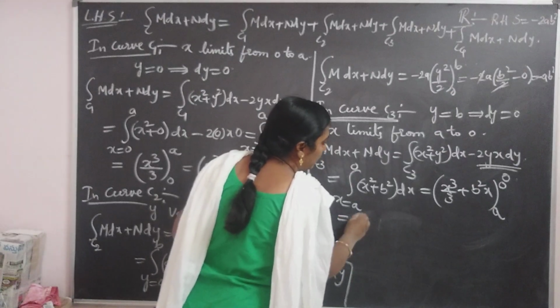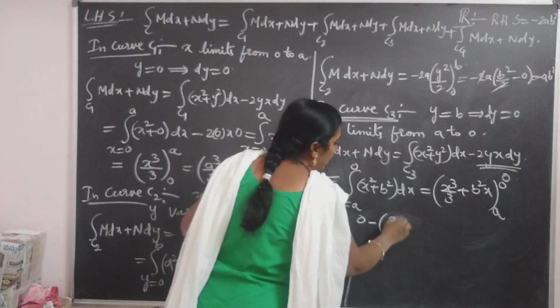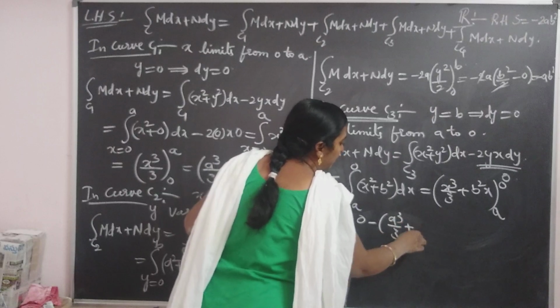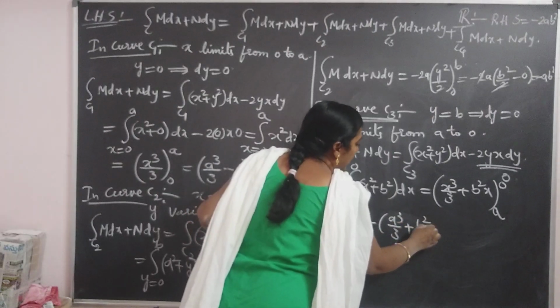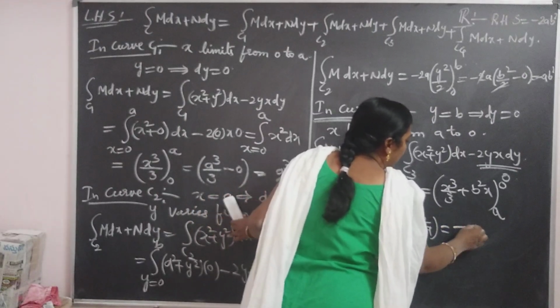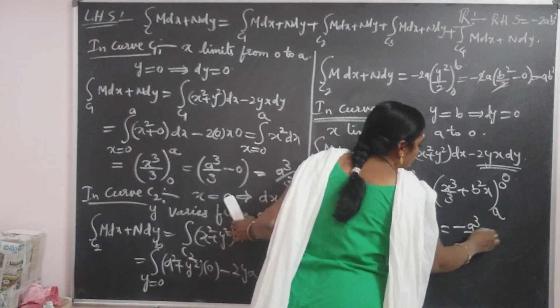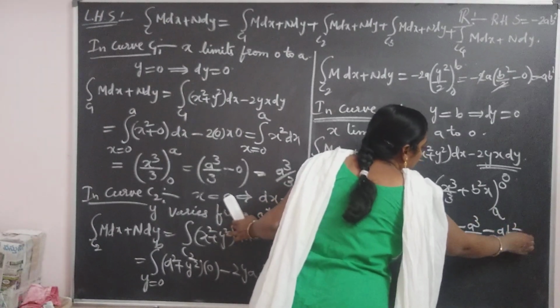Upper limit is 0 minus a cube by 3 plus b square a. It is equal to minus a cube by 3 minus ab square.